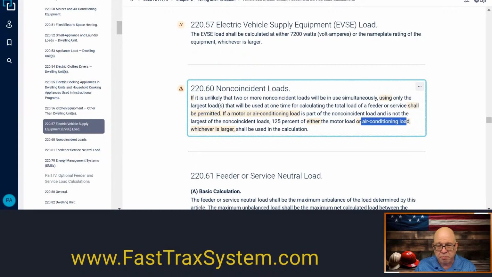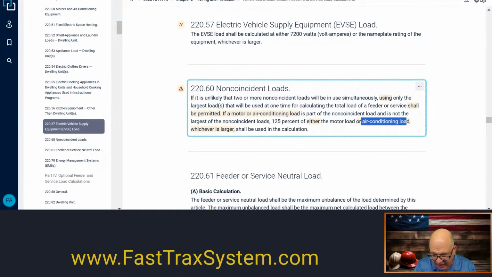It is not plural, okay? Just one. So the first unit is going to be 5,198. So I'll write that down, 5,198. The next 7 units, we're going to use the 4,867 because that is the heat. It was greater than the AC before we applied this rule for 125%.